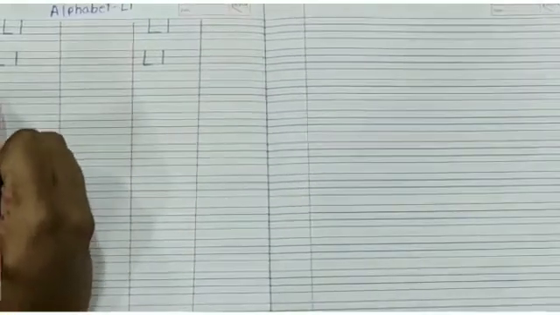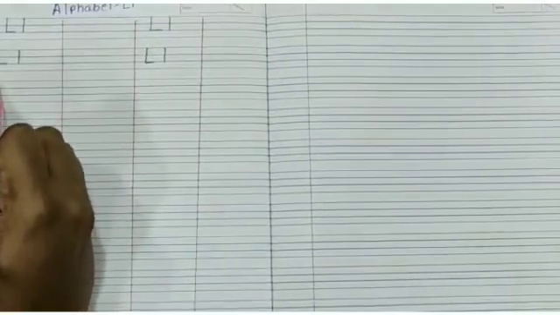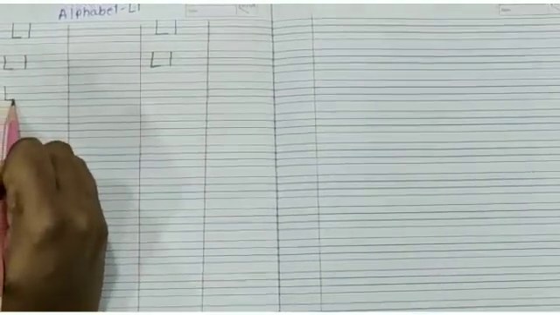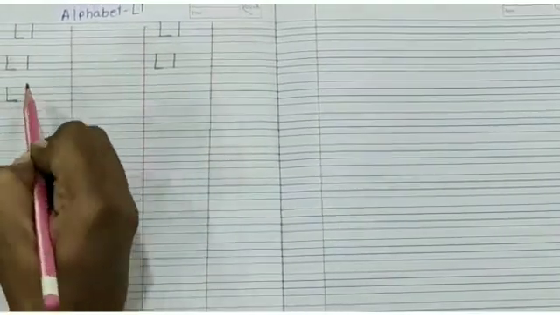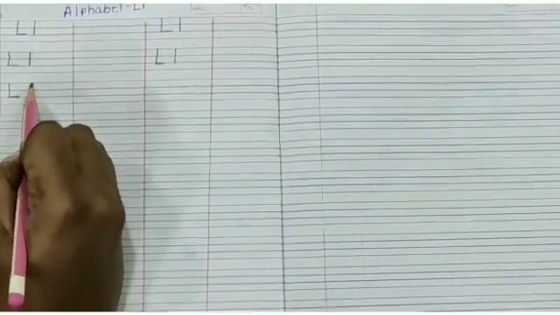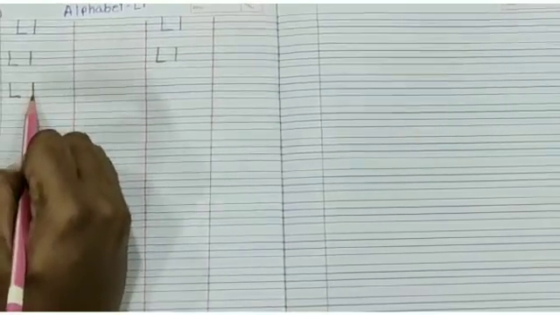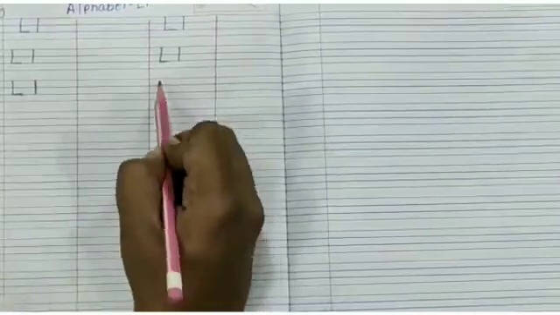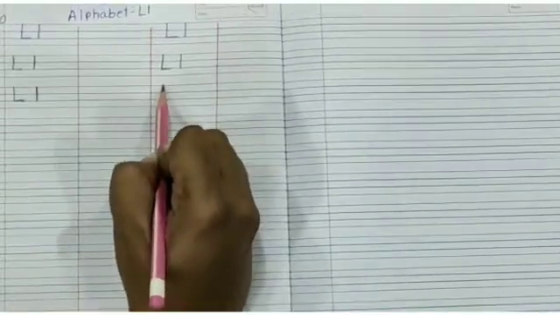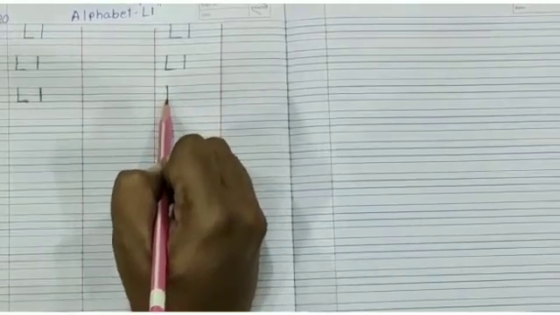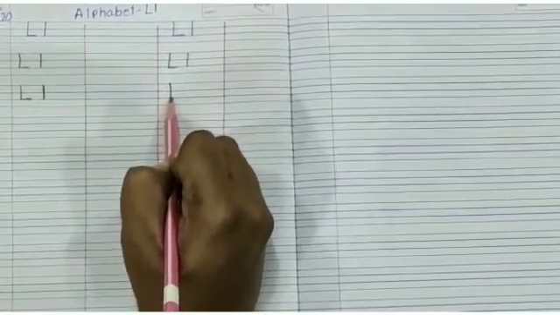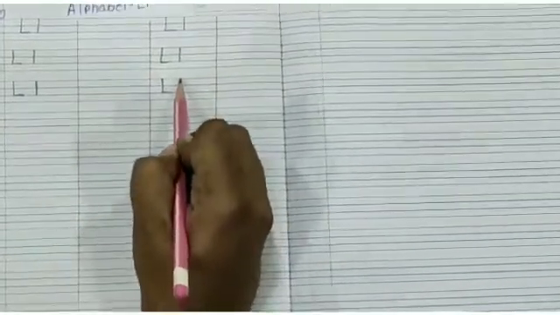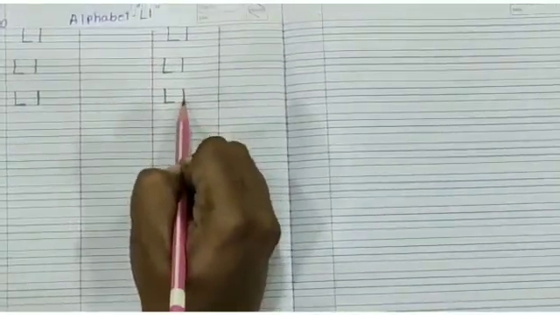Let's write once again from red line to second blue line, standing line, small sleeping line on second blue line, and from red line to second blue line, standing line, small l.